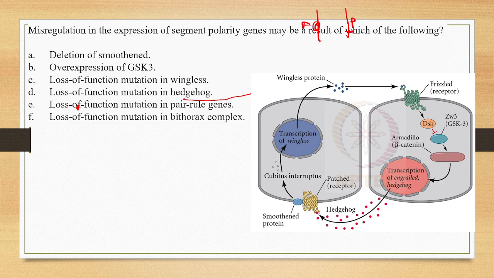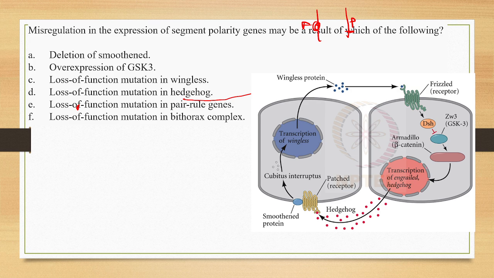We studied that the expression of segment polarity genes is controlled via this cycle. What happens in this cycle is that these are the wingless producing cells and these are the engrailed producing cells. The wingless producing cells transcribe wingless, and this wingless protein is secreted. This secreted wingless protein goes and binds to the Frizzled receptor, which is present in the engrailed producing cell.